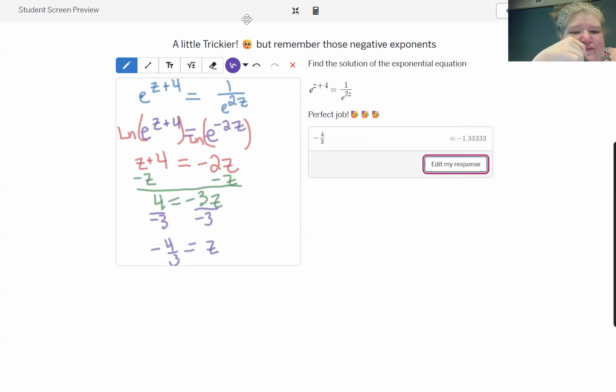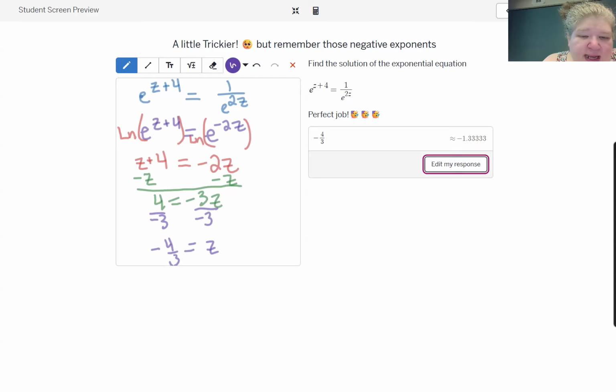So if you wrote log base e instead of natural log, that's fine. It still works the same. But ln is just our shorthand writing for log base e.